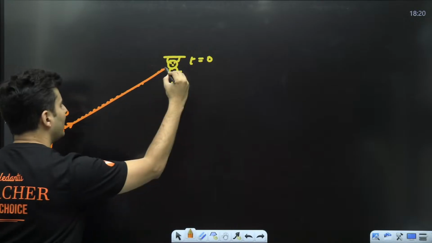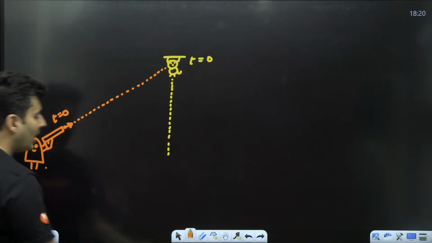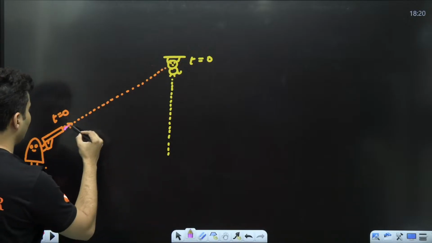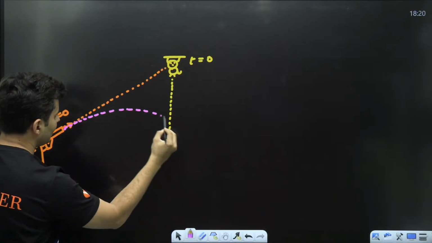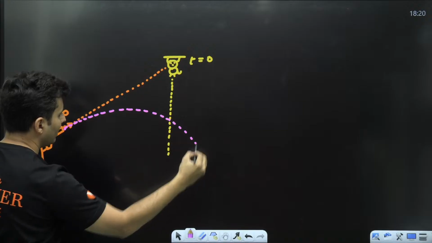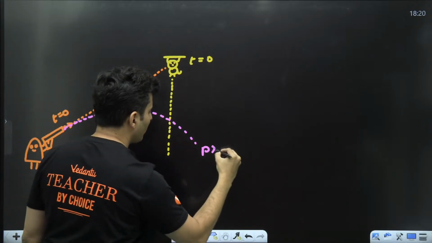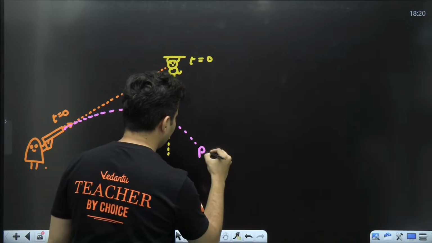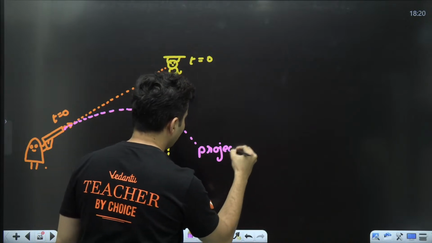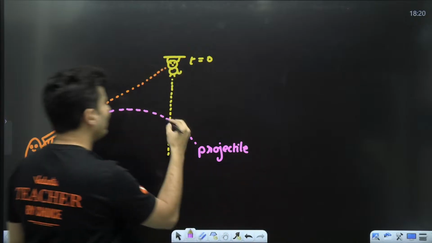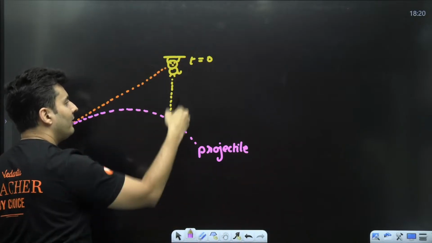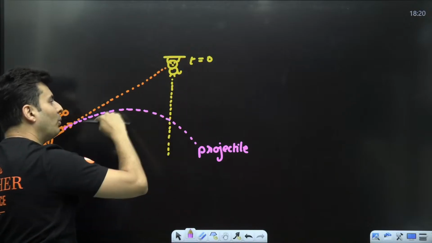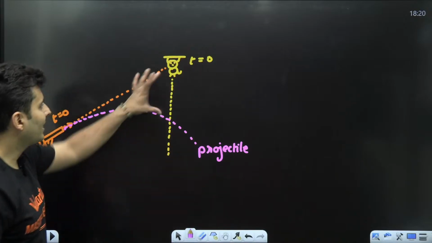Obviously, if you aim directly at the monkey, the actual path taken by the bullet will be something like this, like a projectile motion. So actually speaking, there is a difference of this much where the bullet will miss the monkey by this much amount.